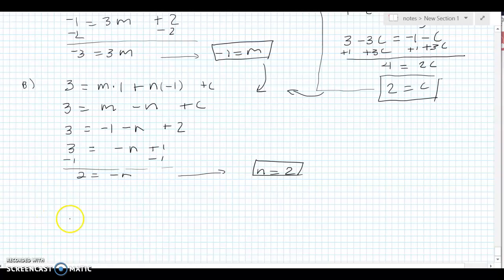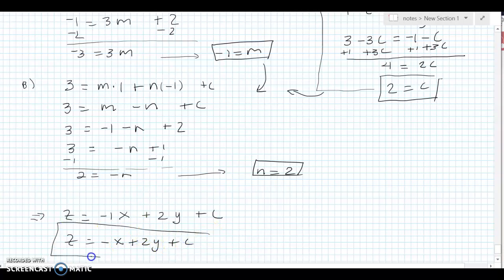So what that says is z equals mx plus ny plus c. Which actually we'd probably write as z equals minus x plus 2y plus c. There's an equation of the line in 3D.